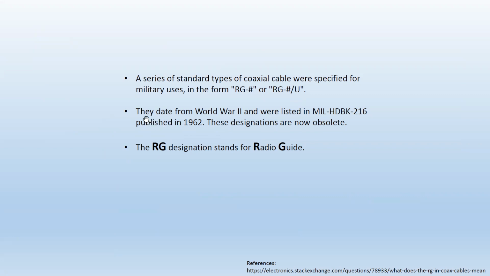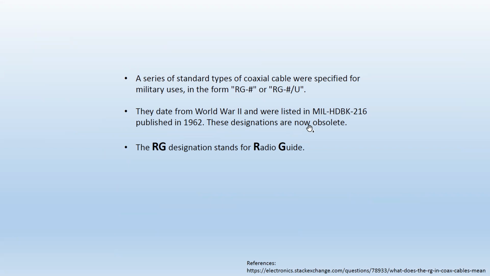All right. The cables date from World War II and were listed in blah blah blah. Here is the specification list published in 1962. These designations are, for the most part, obsolete.